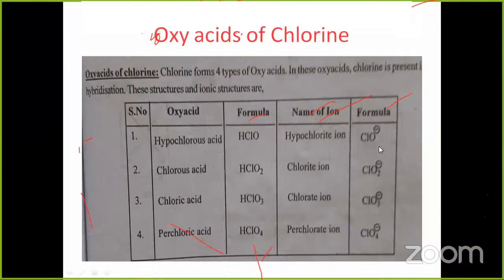Okay, this is the table for oxyacids of chlorine with formula, name, anion formula and anion name.